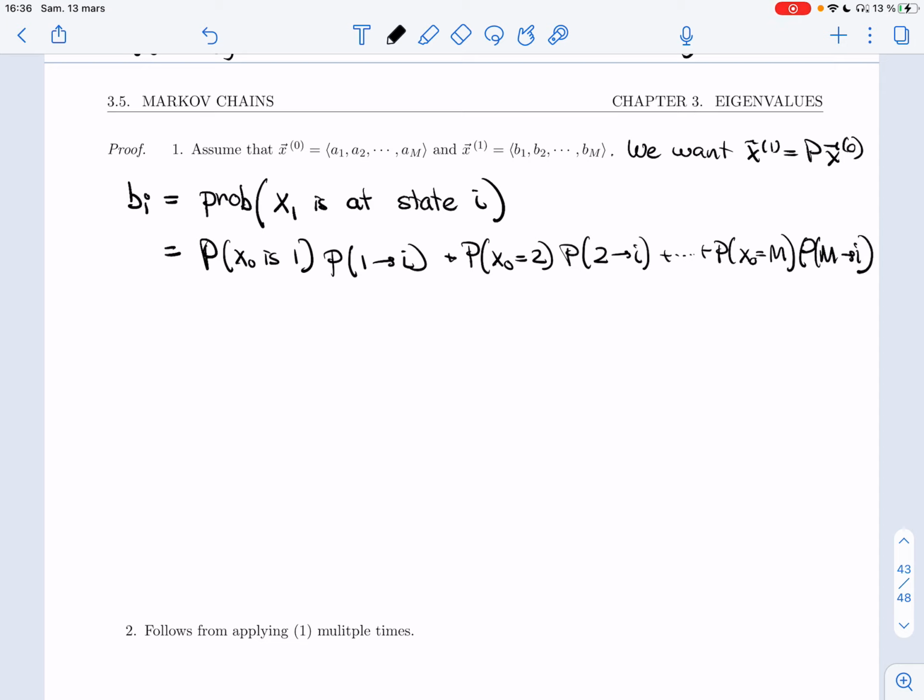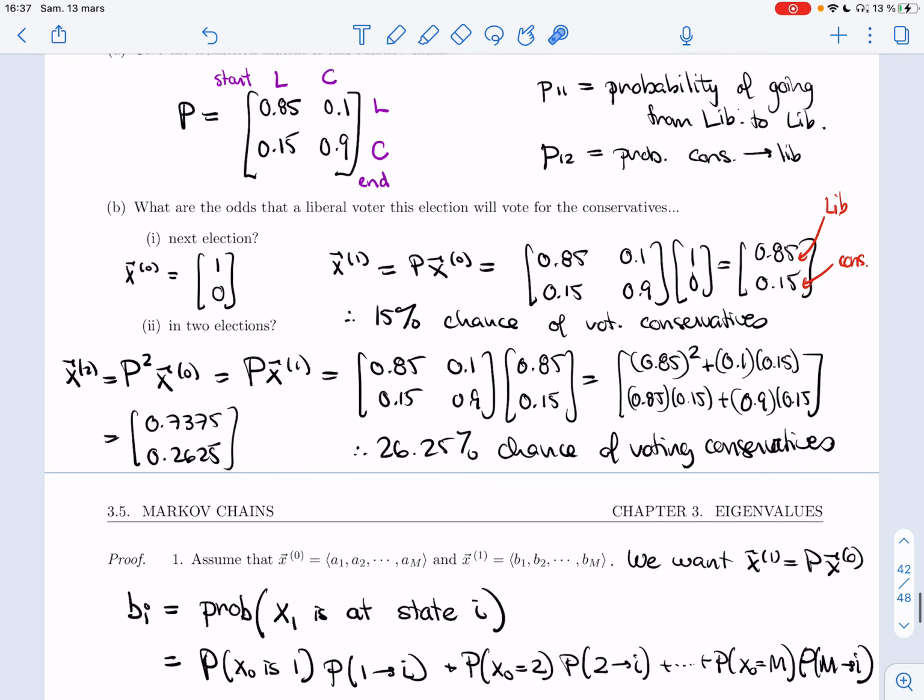All right, so let's see what all of these entries are. x0 is at 1, that's a1. x0 is at 2, that's a2, and so on. Then going from 1 to i, you start at 1. If you remember, where you start is the column.